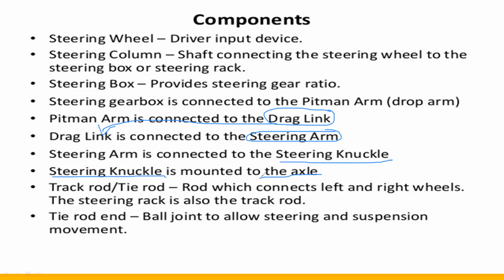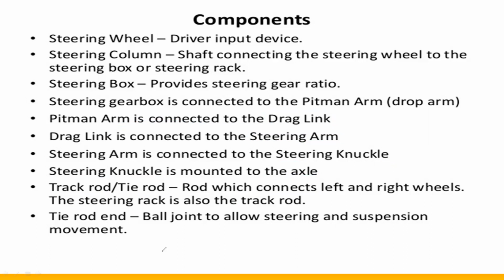So at the front end of the axle, we have the track rod and tie rod. These rods connect the left and right wheels at the front end. The steering rack also has the track rod, tie rod and ball joints to allow steering and suspension movement.